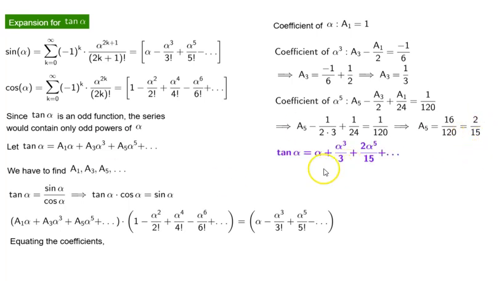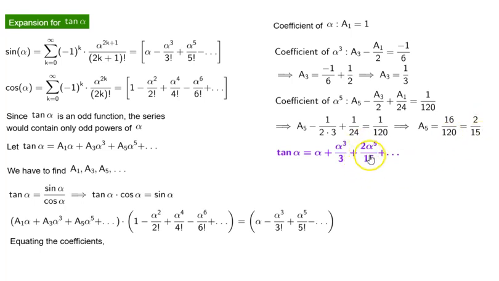So which means tan alpha is equal to a sub 1 alpha plus a sub 3 alpha cube plus a sub 5 alpha to the power of 5 and so on. And here we substitute a1, a3, a5. a1 is 1, so alpha plus a sub 3 is 1 by 3, so alpha cube by 3, plus here we have a sub 5 alpha to the power of 5. a sub 5 is 2 by 15.